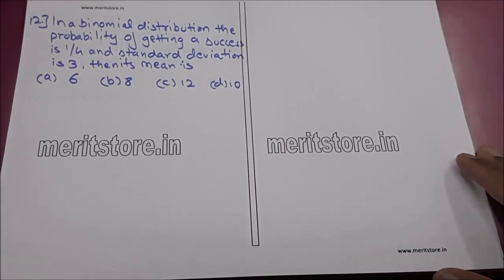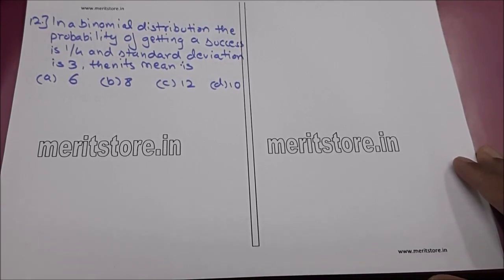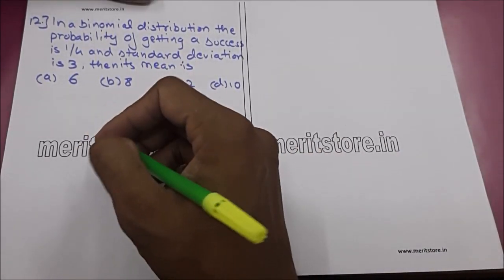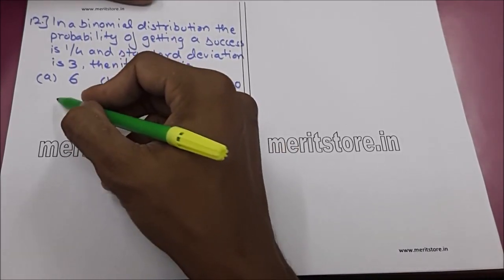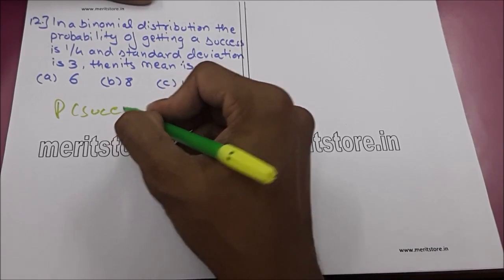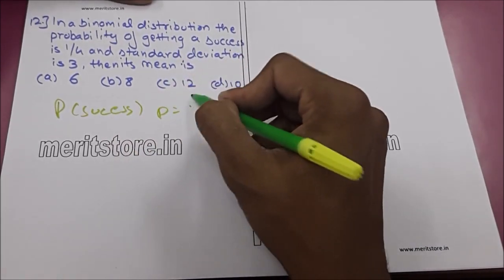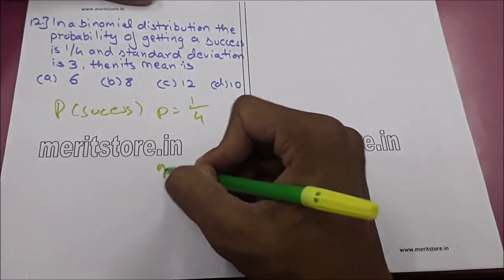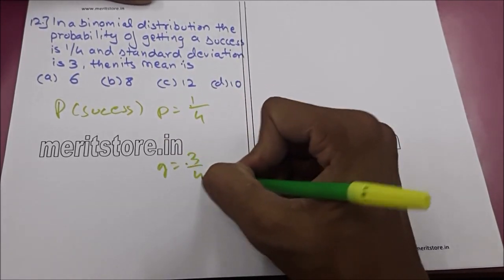Question 12. In a binomial distribution, the probability of getting a success is 1 by 4 and the standard deviation is 3. Then its mean is: A 6, B 8, C 12 and D 10. Probability of success, that is P, is equal to 1 by 4, and probability of failure, that is Q, is equal to 3 by 4.